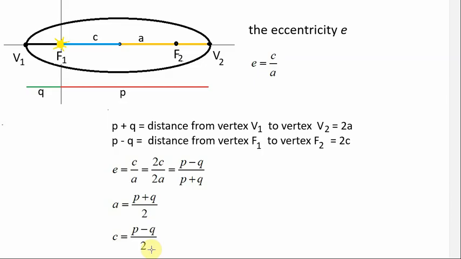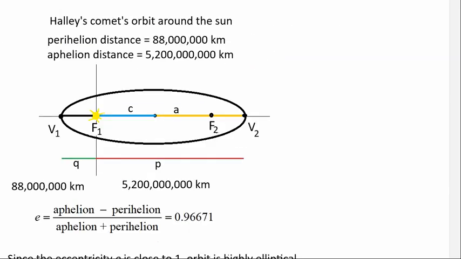And now let's look at the example of Halley's Comet. If we place the sun right here at the origin, and then this is Halley's Comet's orbit. Its perihelion distance is the distance when the comet is closest to the sun.